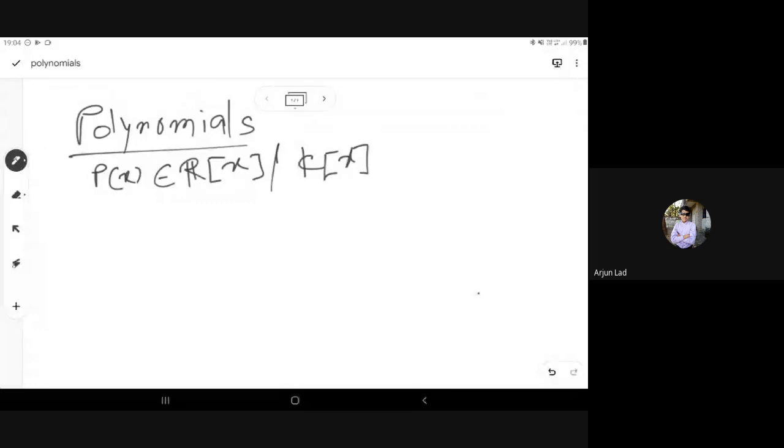First, I want to tell you a bit of heuristics about polynomials that we will need while dealing with them. Basically, you can think of a polynomial in a few ways.